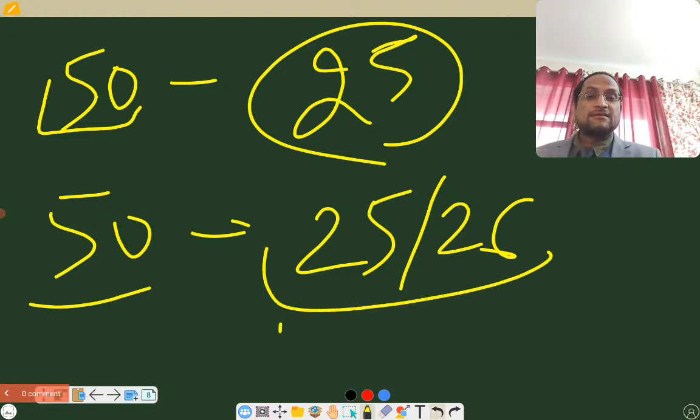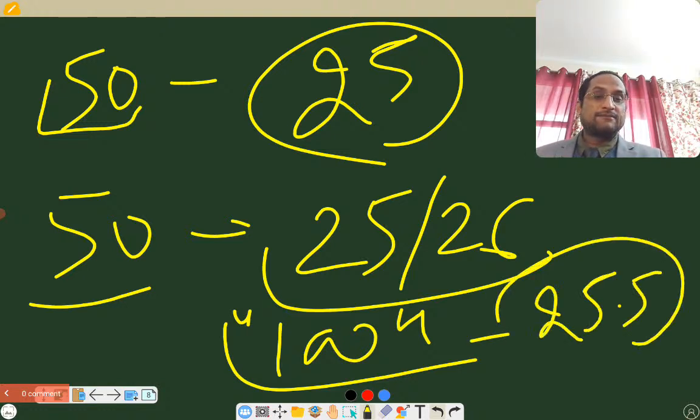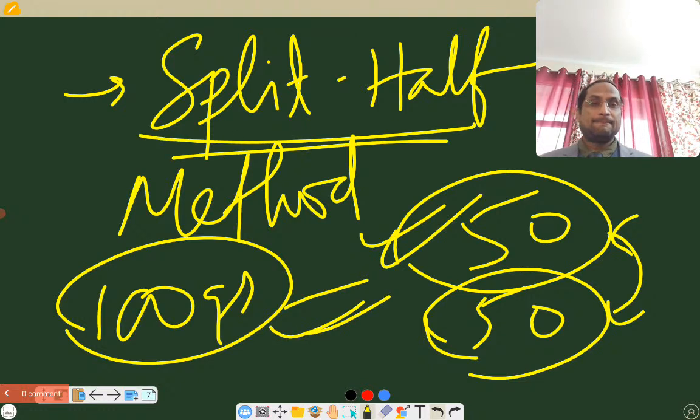And for the 100 questions, the average of these two, around 25, 25.5. So you understand, the trend of the score for any particular section of the test is the same as it is for the complete test. That is called internal consistency. We have done it in the form of split half. It is split in two halves, split half method.